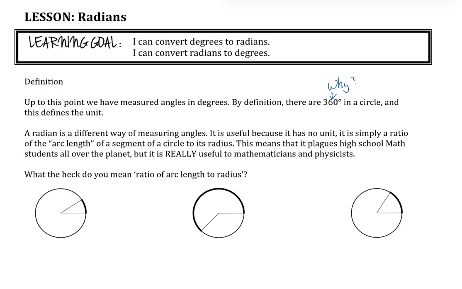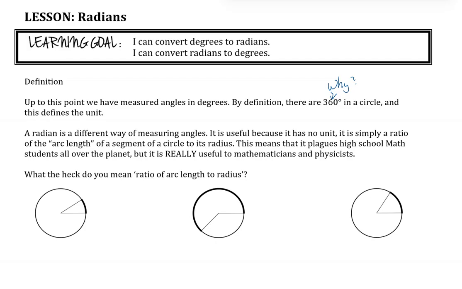Most or all of you may have a moment where you think, why are we doing this? Degrees were fine. Why are we complicating it? You have to realize that people who have come before us and are much smarter than any of us, at least way smarter than me, I can't speak for you, have discovered that it is way better. Once you do a little bit of calculus, you would see for sure why radians are better.